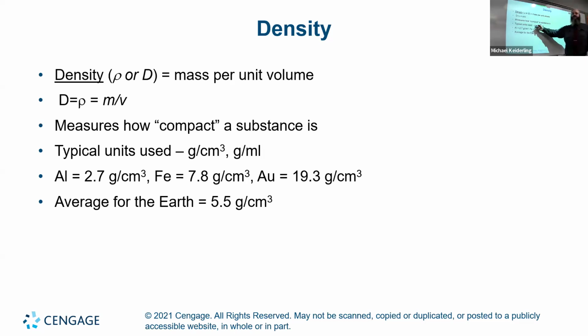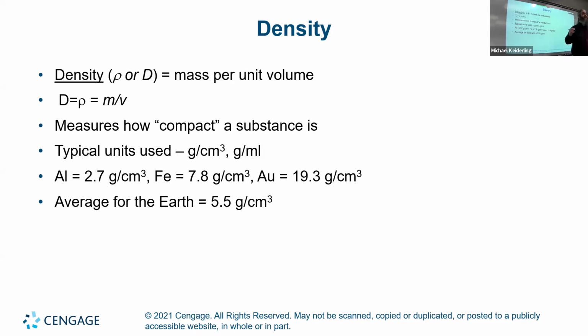Grams per cubic centimeter tends to get used for solids. Grams per milliliter tends to get used for liquids, just because you tend to measure liquid volume in milliliters instead of cubic centimeters. Technically, the official unit with the standard units would be kilograms per cubic meter.